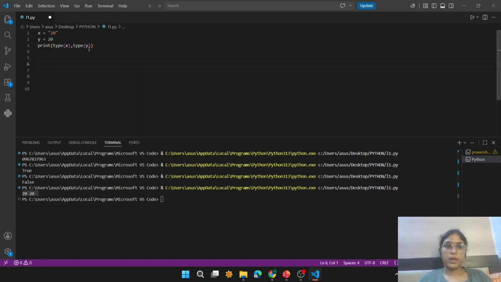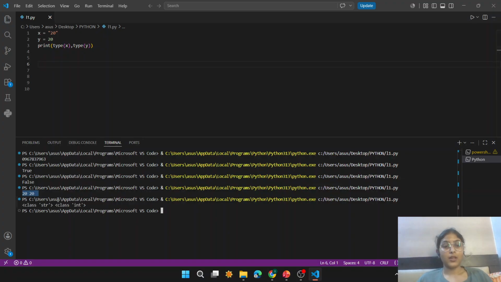And similar for y. Let's see. Now it is telling me that the first one is the string. Don't worry about this class and all. Just see this part. str here means the first one is the string. int means that the second one is the integer. That is why the type function is very much useful.